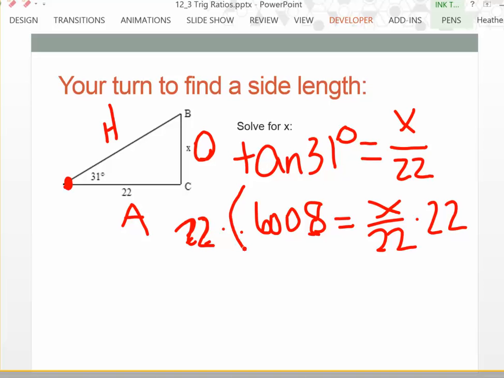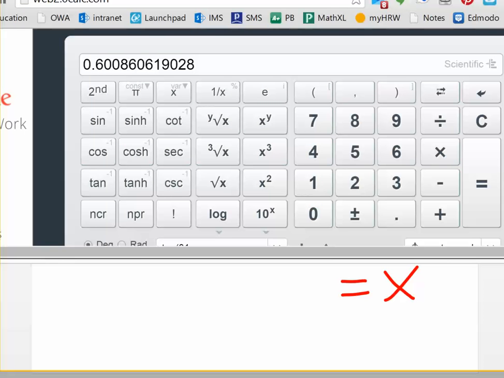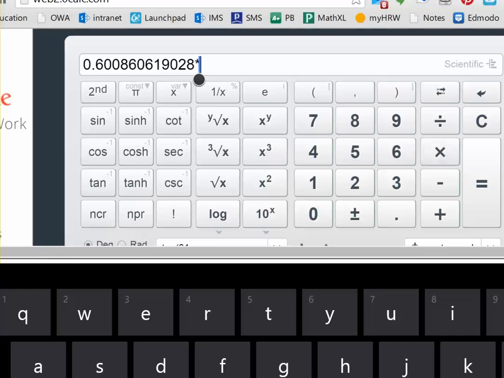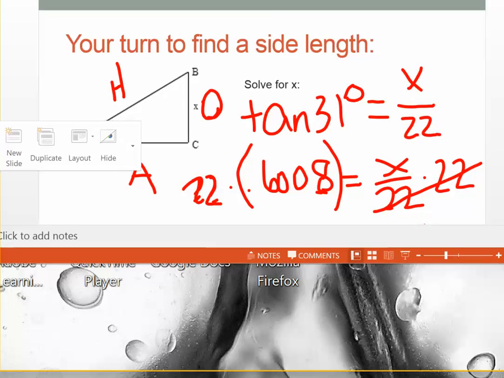So we're going to do 22 times 0.6008. These will cancel, leaving us with x equals 22 times 0.6008. And we'll come on over to our calculator and multiply this times 22.